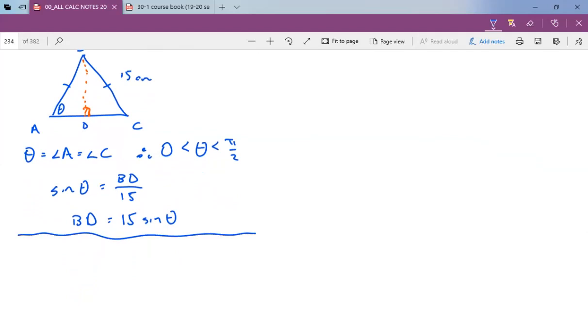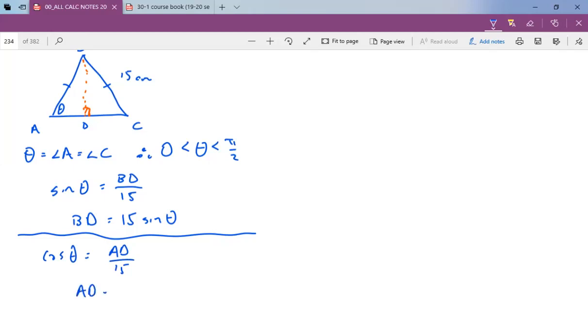Next, we need to look at the base of this triangle. If we're trying to find area, which is half times base times height, then we're going to need to know something about AC. In our little half triangle here, we do know something about AD. From that theta, we can say that cos theta is adjacent over hypotenuse. So cos theta is equal to AD over 15.